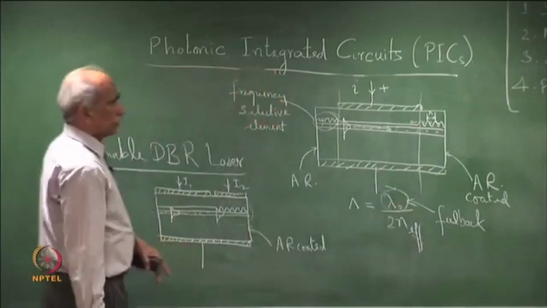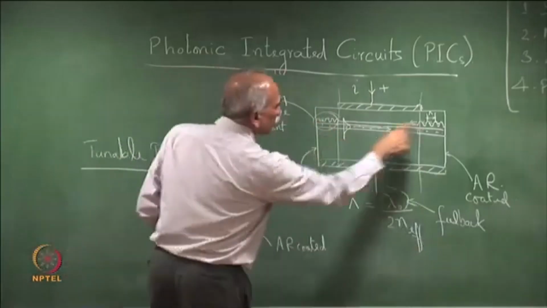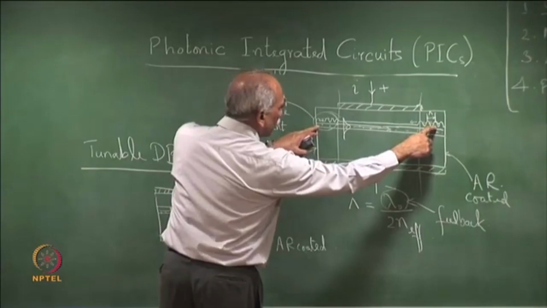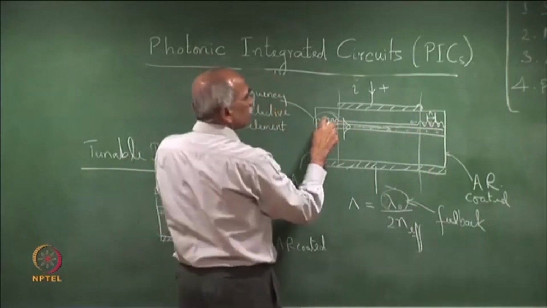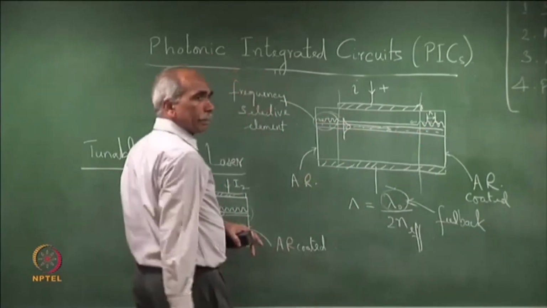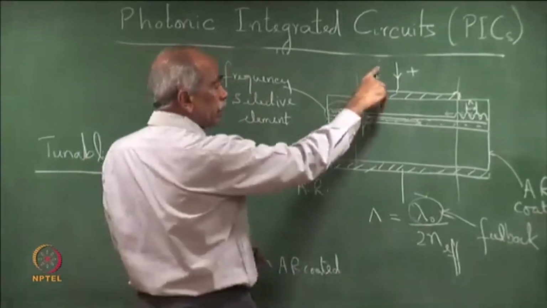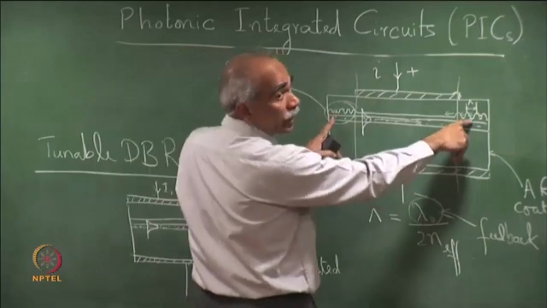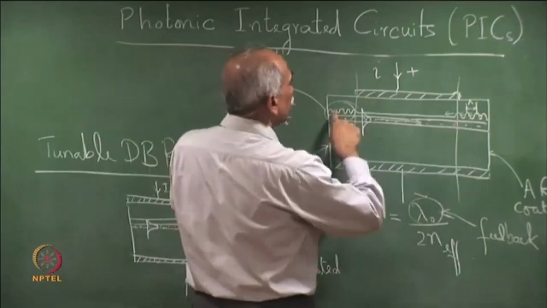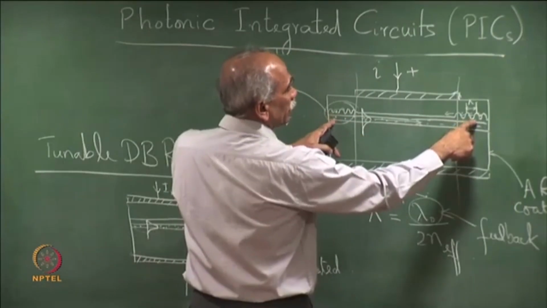So, there is no current flowing here, and therefore, the frequency selection is done by these gratings. Even if you vary the current here, the frequencies do not change, because frequency selection takes place in this region by these gratings.